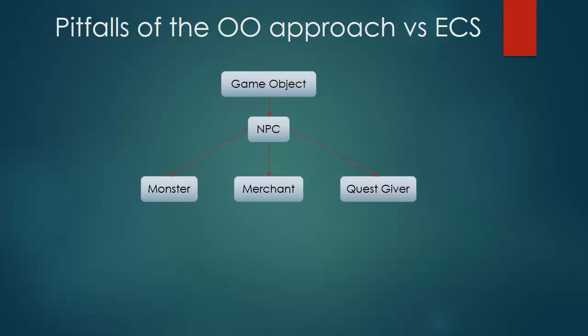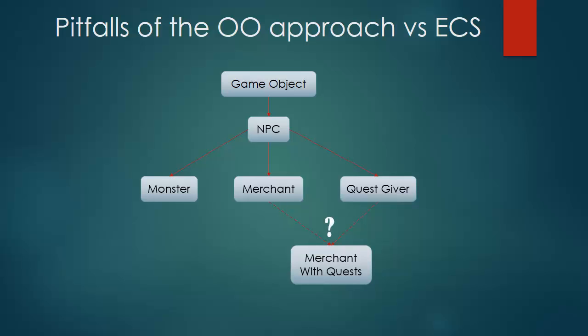But where it breaks down is, say we want to add a merchant with quests. Now, we want that to be a merchant, so we're going to inherit from merchant. But we also want it to have quests, so we want it to be a quest giver. The problem is, where do we inherit?